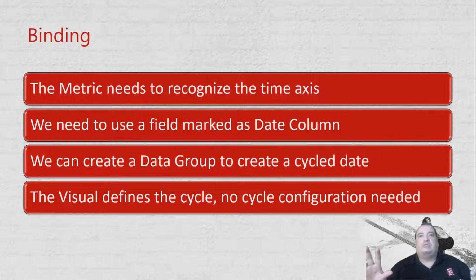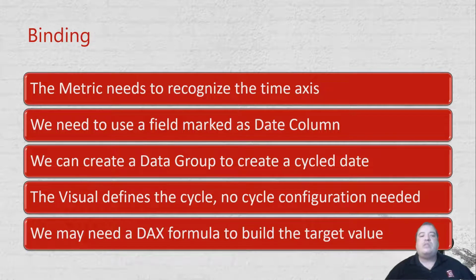We don't need to do that because the visual is already defining the cycle together with the time axis. We may need a DAX formula to build the target value. If we would like to bind the target value, we may need some kind of formula to build the target value on our database.